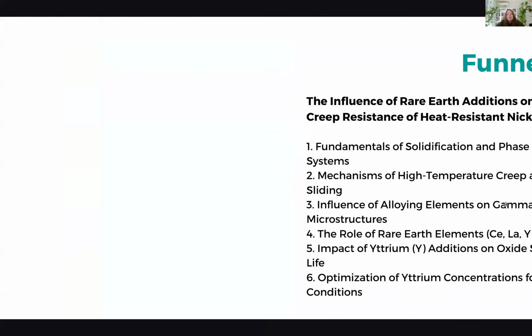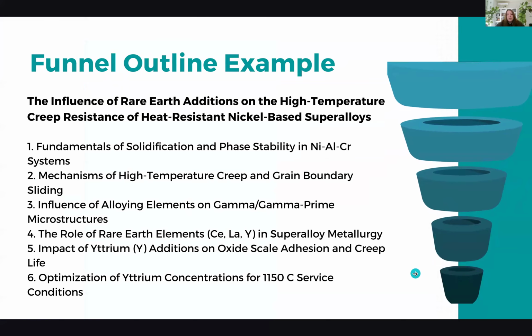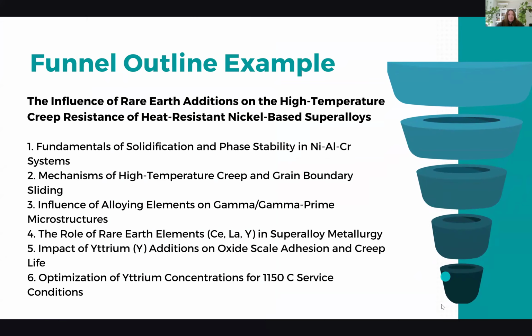So let's look at how a funnel outline works. Here's a funnel, so something broad, then narrower, narrower, and the most specific one. Here's an example. The influence of rare earth additions on the high temperature creep resistance of heat-resistant nickel-based superalloys. That's the topic.